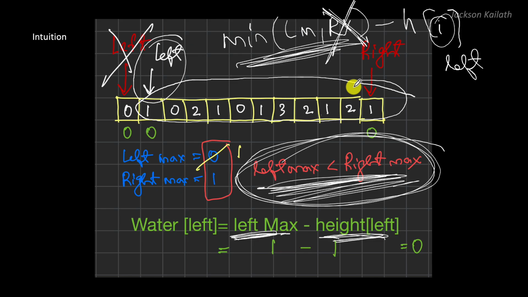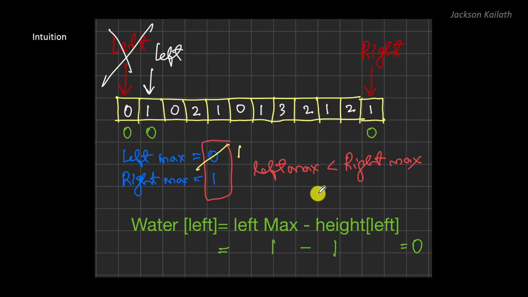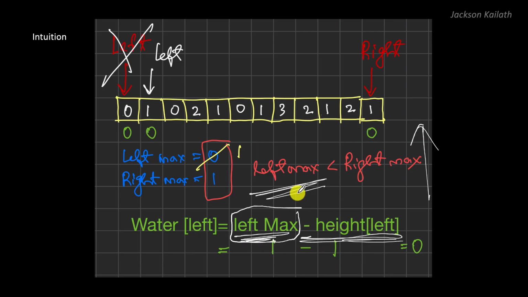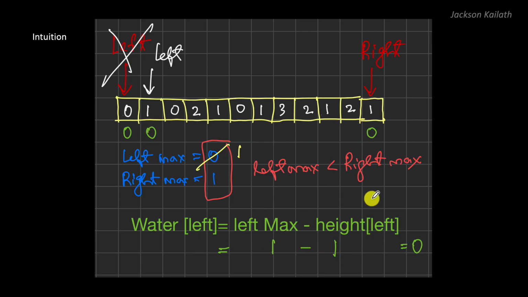So at this point already, we know that left max is less than right max. So even if right max keeps increasing, left max would still be less than right max. And that's why we don't need to compute the minimum between these two. We already know that that's going to be left max. And hence we can say that water at index left is going to be left max minus height at left. And in this case, that's 1 minus 1, which is equal to 0.